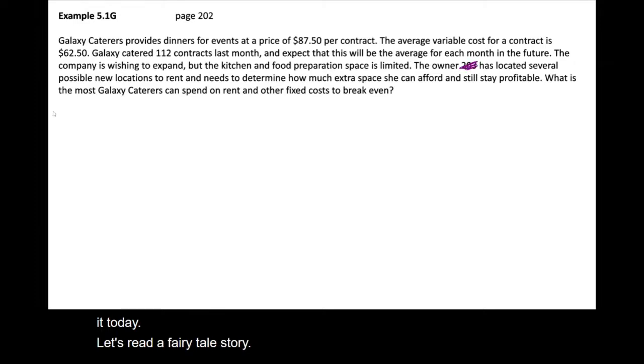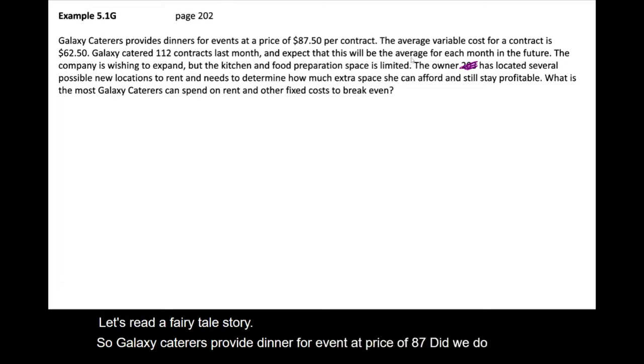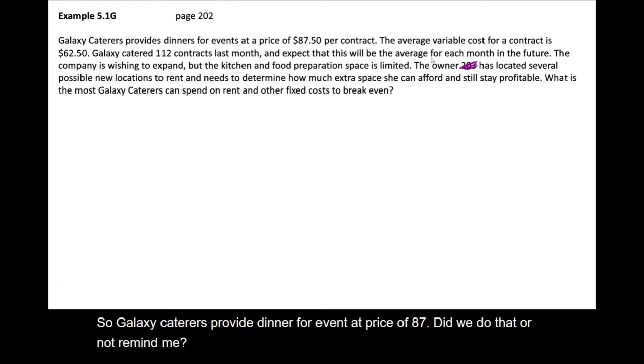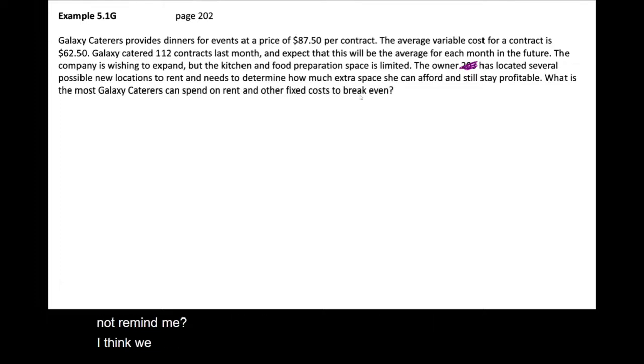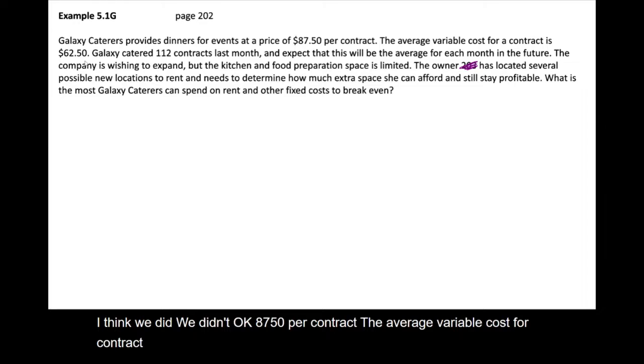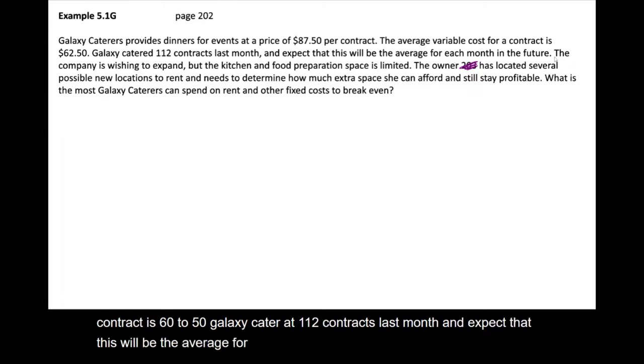So Galaxy Caterers provide dinner for event at price of 87.50 per contract. The average variable cost for a contract is 62.50. Galaxy catered 112 contracts last month and expect that this will be the average for each month in the future.